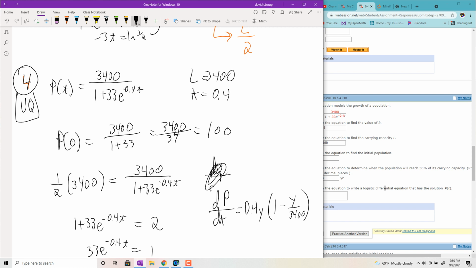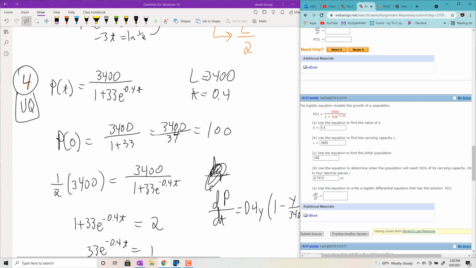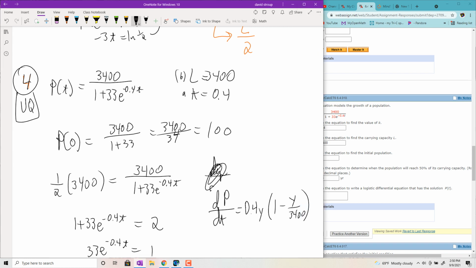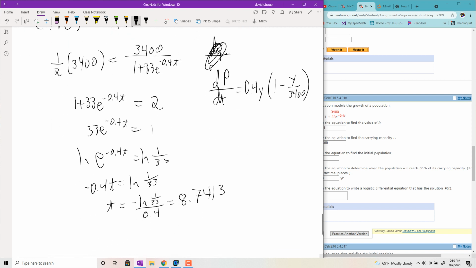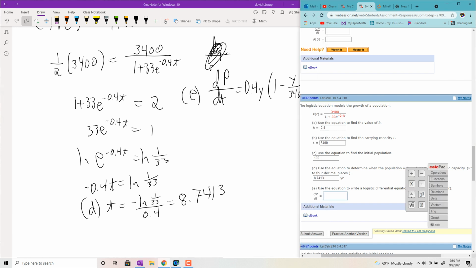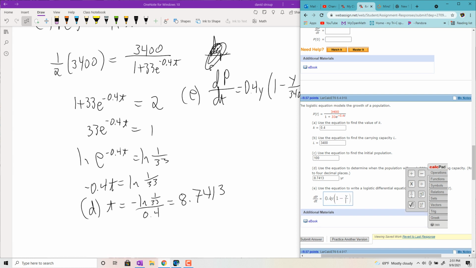Label your answers for me. Here's part B, here's part A. This is part C, I believe. This was part D, and this is part E. Let's put that in there and make sure it's right. Minus y all over 3400.